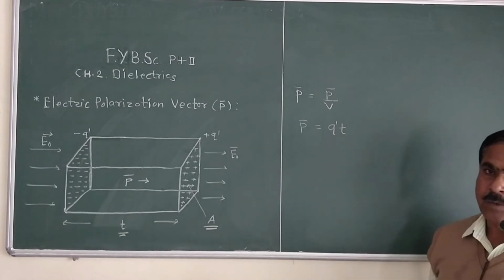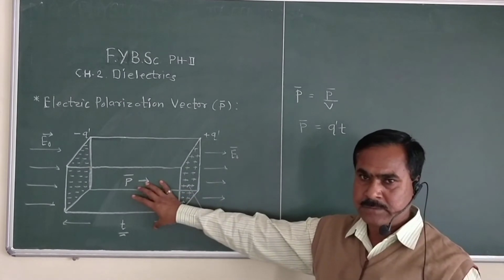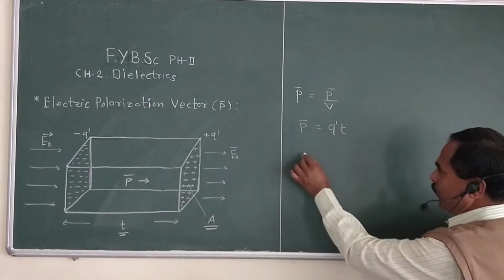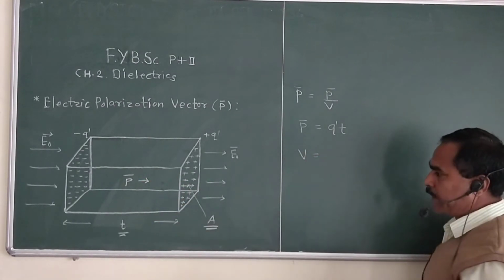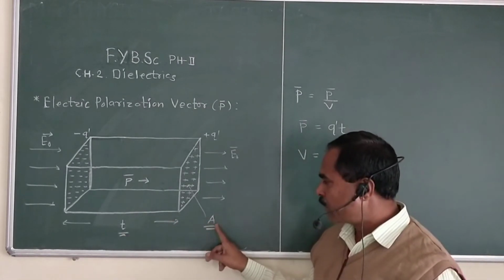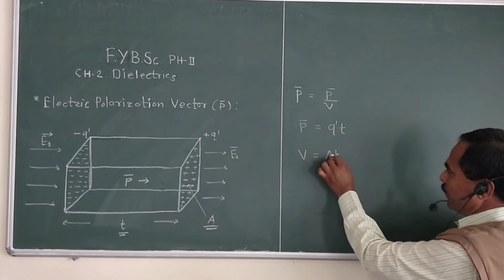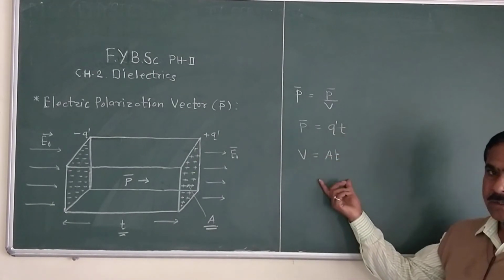Then we calculate the volume of the dielectric material. Volume V equals area into thickness, that is equal to A t. This is the volume.